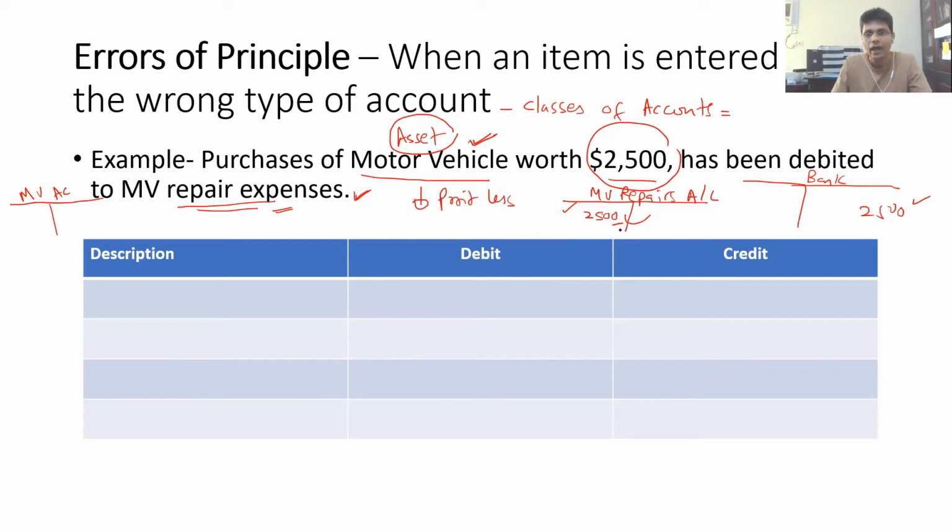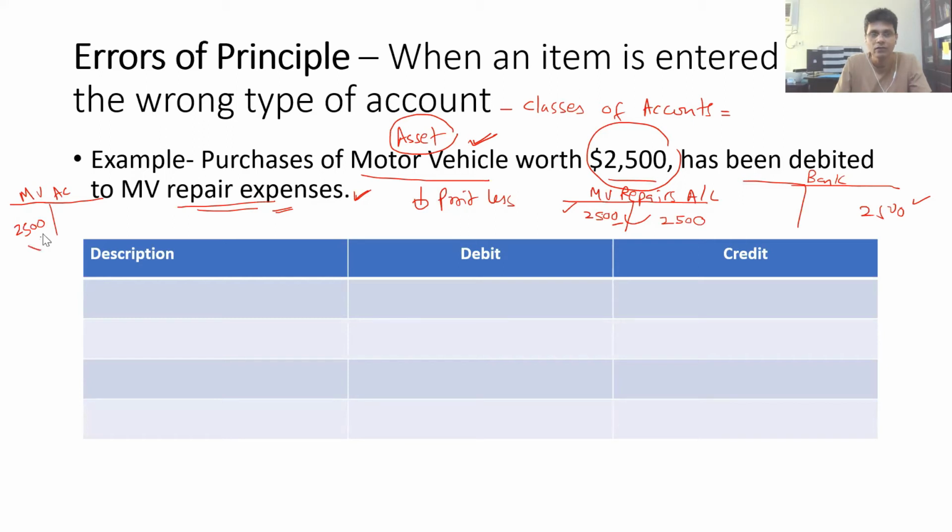Okay, and what you should do, you should credit the repair, you credit the motor vehicle repair expenses and debit the motor vehicle account. Okay, so what is the entry?